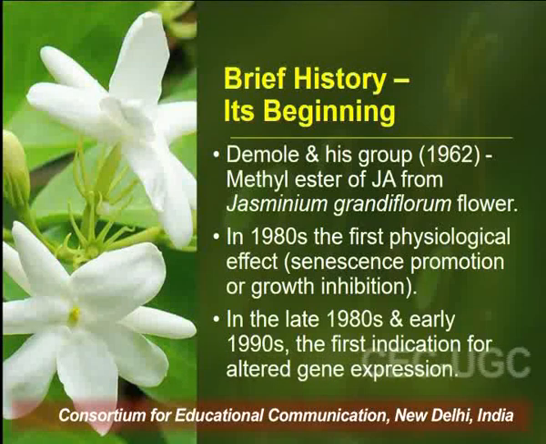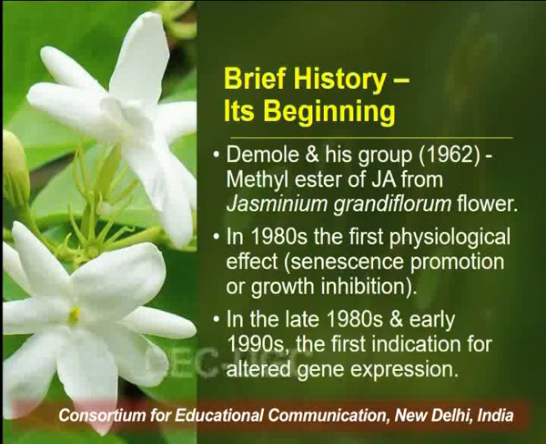And subsequently in 1980, for the first time, the effect of jasmonic acid on the plant system was reported, and in that report scientists found that jasmonic acid has an effect on the senescence of flowers, that is, it promotes senescence and thereby inhibits the growth of the plant. So this was the first report when the scientific community reported that it has an inhibitory effect on plant growth.